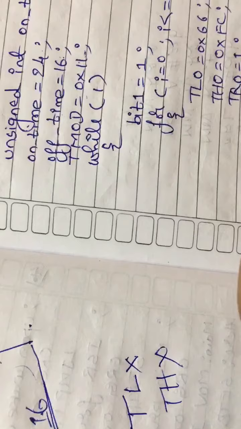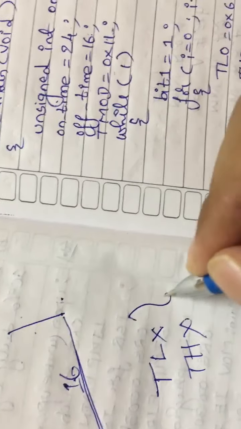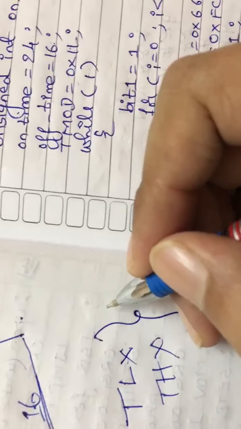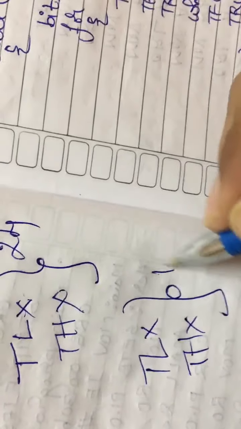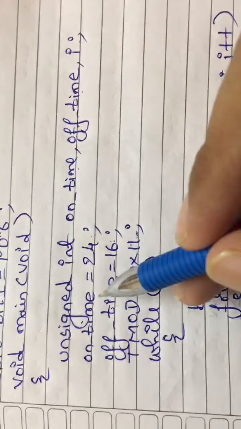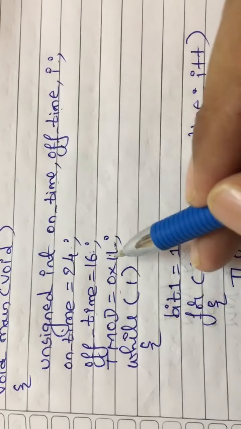Calculate the value of TLX, THX if the on time is equal to 24, and if the off pulse is equal to 16. So here we are taking timer 0. On time 24, off time 16, TMOD 11.